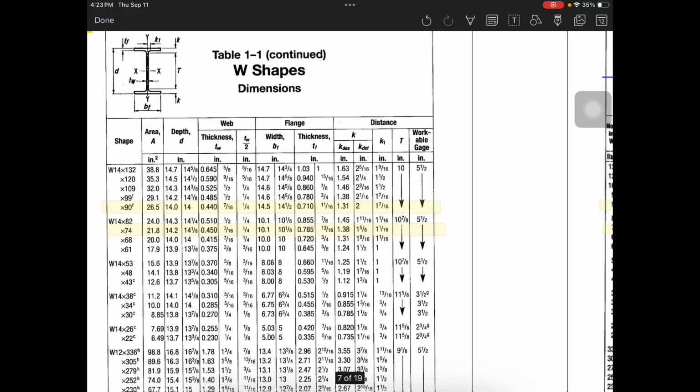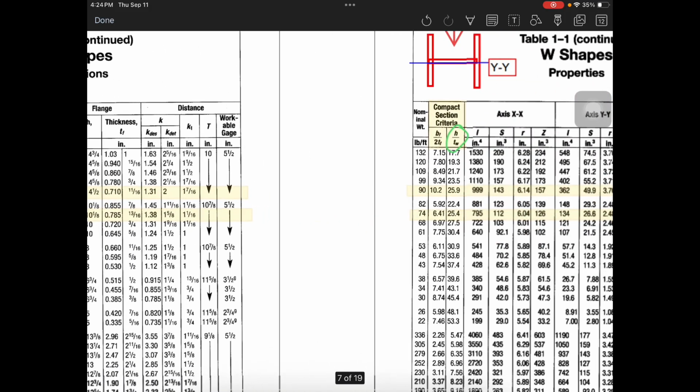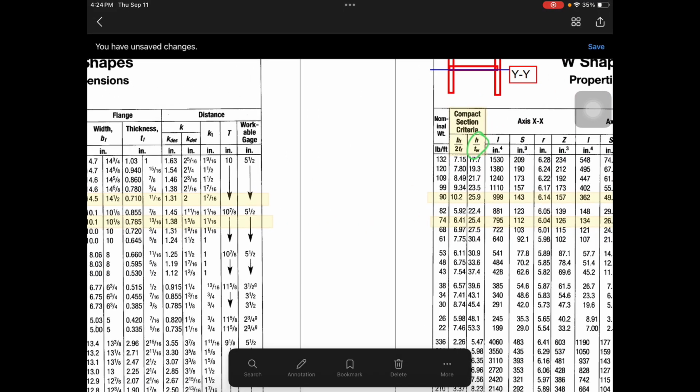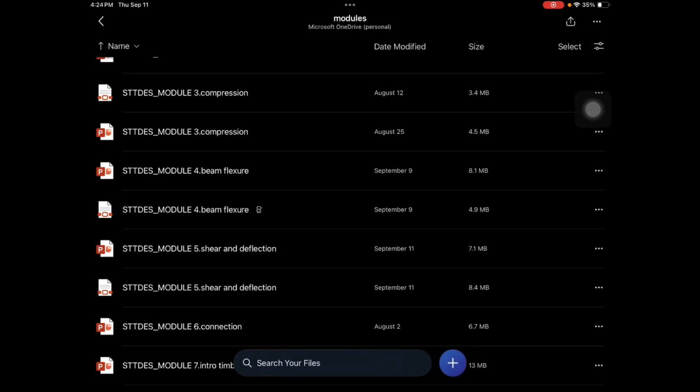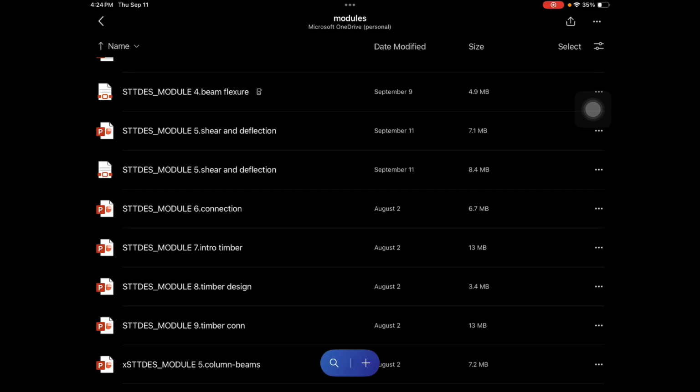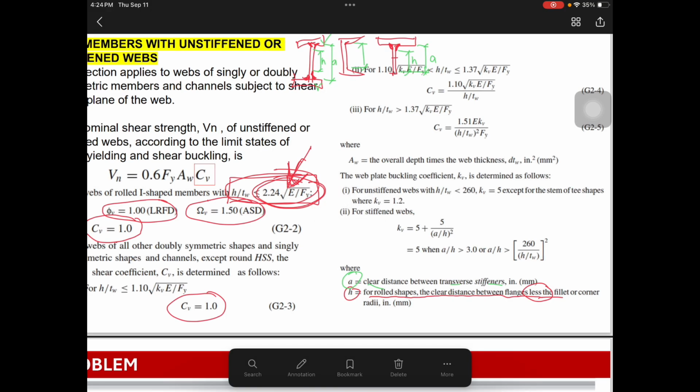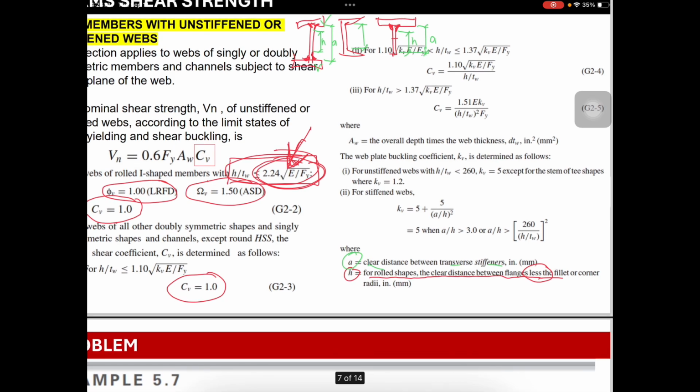Kailangan i-derive si KV. So, ayan. Si KV, so, makikita nyo din.